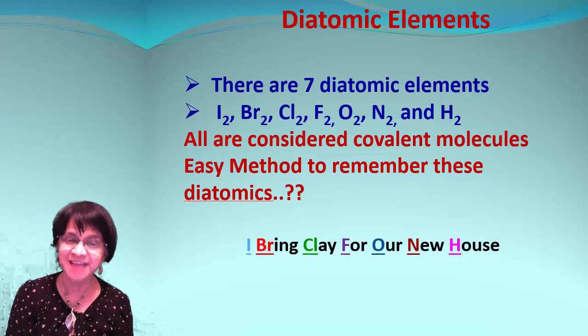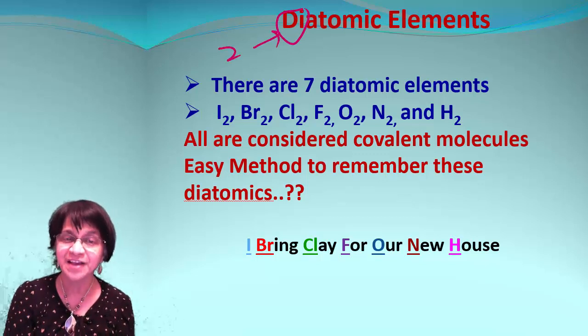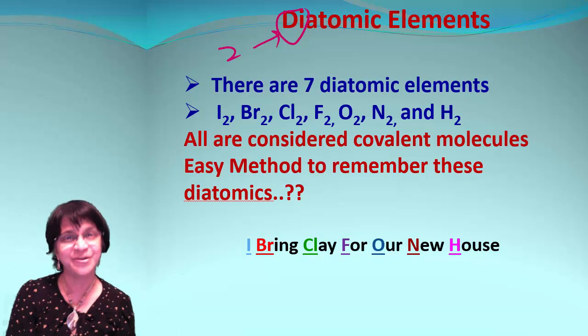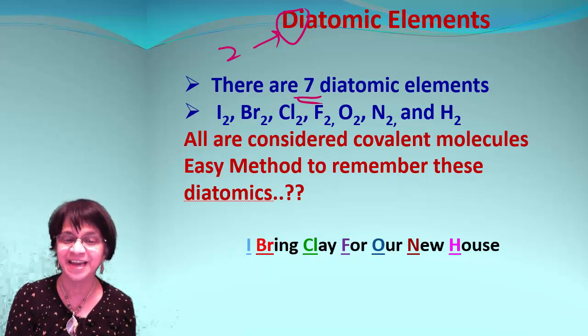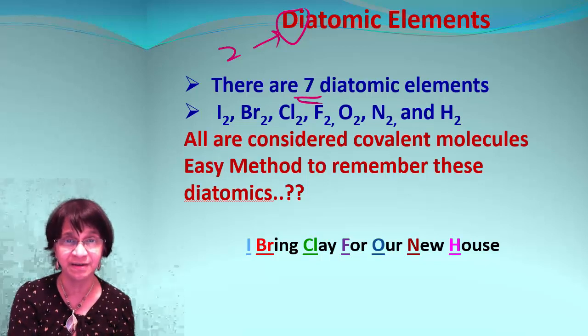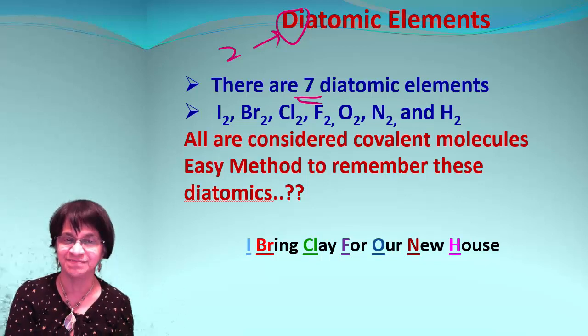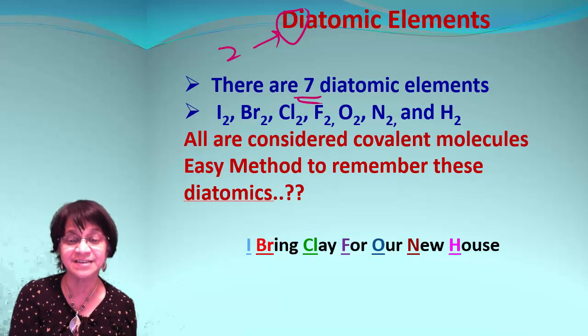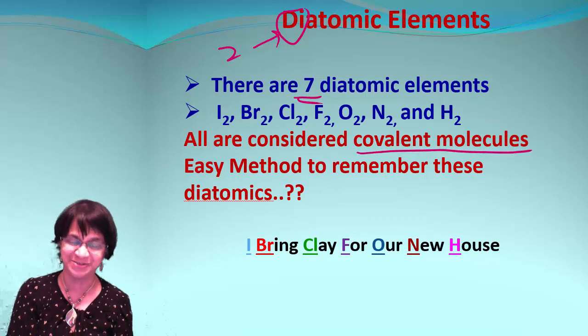Let's talk about some diatomic elements. The word di, what does that mean? It means 2. In our periodic table, we have 7 diatomic elements: iodine, bromine, chlorine, fluorine, oxygen, nitrogen, and hydrogen. All of these are considered what kind of molecules? Covalent molecules.